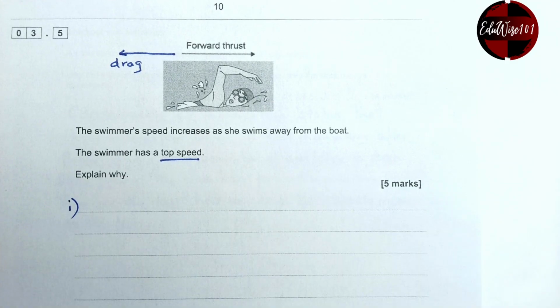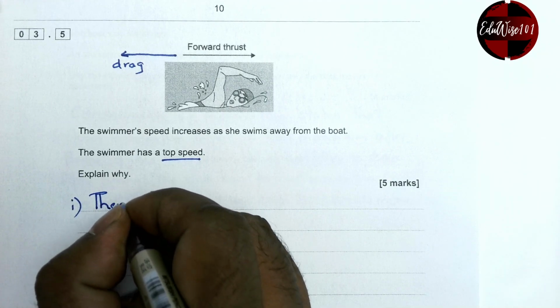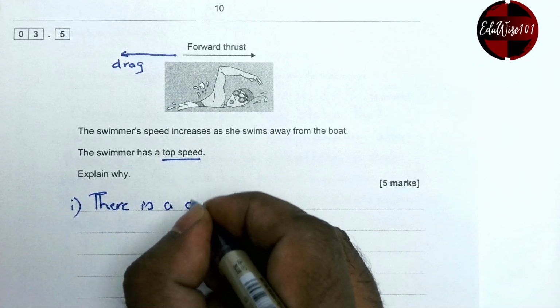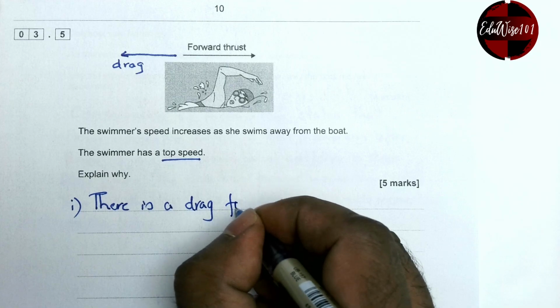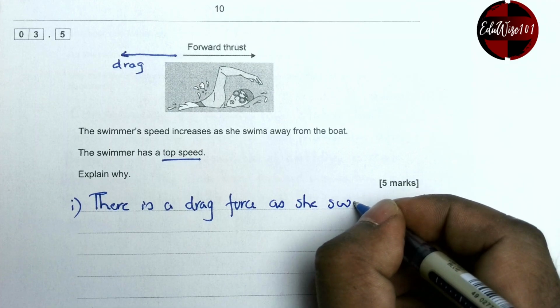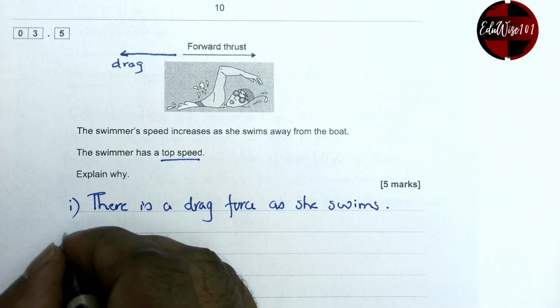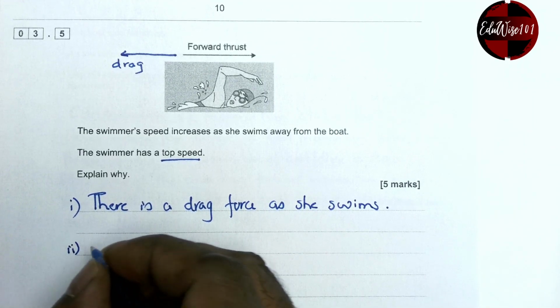First point for 5 marks. There is a drag force as she swims. Point 2.